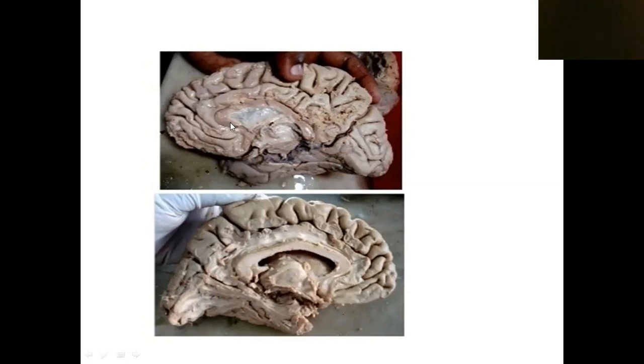So here also we have to remove the septum pellucidum in order to see the lateral ventricle. Here this complete area is closed by the septum pellucidum. So superiorly the body of the corpus callosum, inferiorly the thalamus and body of the caudate nucleus, medially the septum pellucidum.